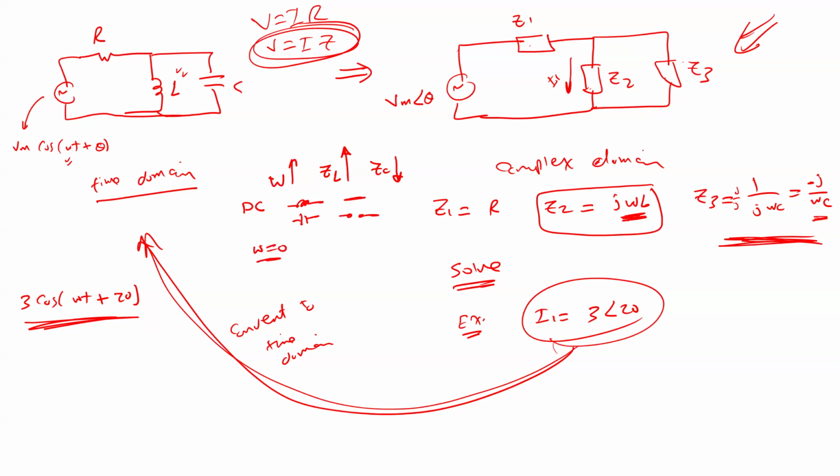So if you plug in 0 here, you can find ZL equal to 0, which is a short circuit, as we explained before. You can see Z of the capacitor equal to infinity, because 1/0 is infinity, which is actually an open circuit, as I explained to you. Any questions?